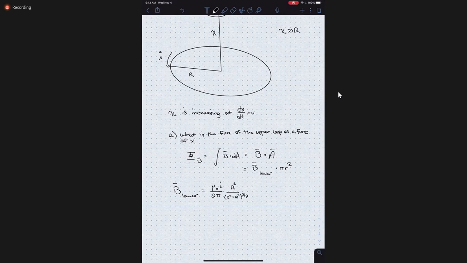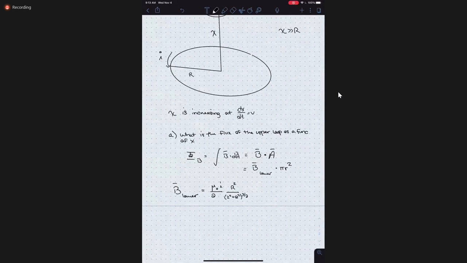Correct me if I'm wrong, but I believe that is the expression. So we've already done the work to show that this is the magnetic field of a current loop. Sorry, there's one thing. There's no pi. Just mu naught I over 2. There we go. So this is the magnetic field due to a current loop.